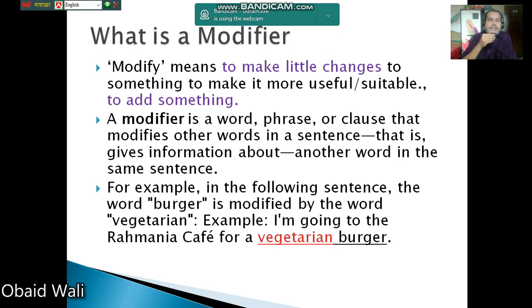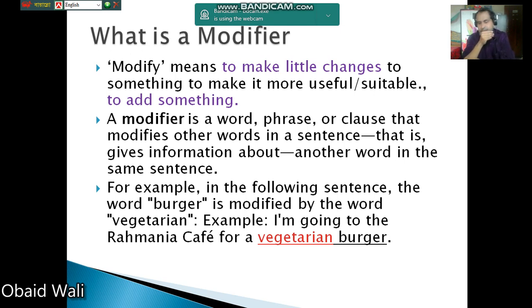So this is for a very practical purpose. A modifier is a word, phrase or clause that modifies other words in a sentence. That means it gives information about another word in the same sentence.